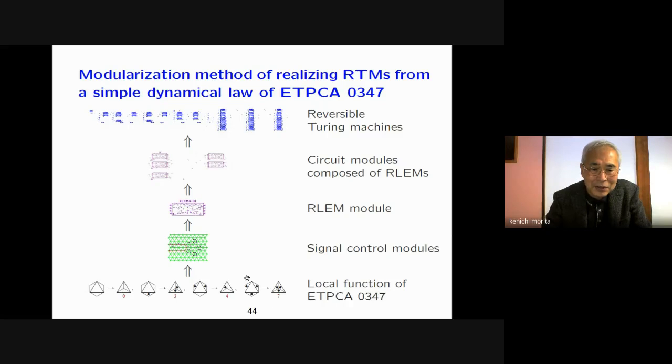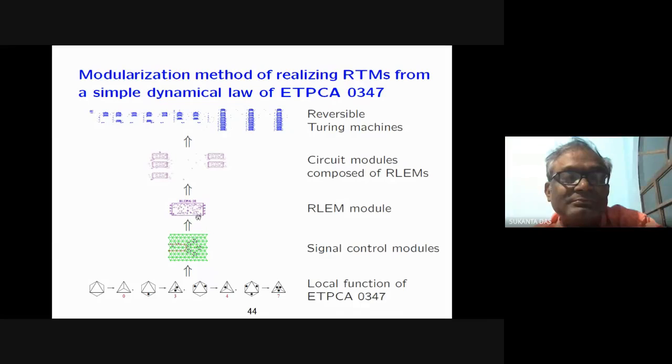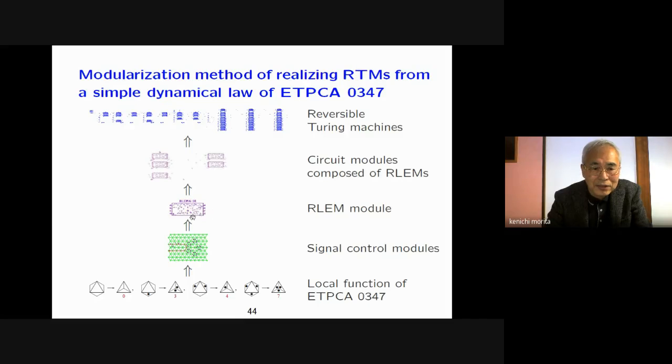I started from the bottom level, found some useful phenomena, collected many useful phenomena, and combining such phenomena, I could succeed in realizing a reversible logic element with memory.